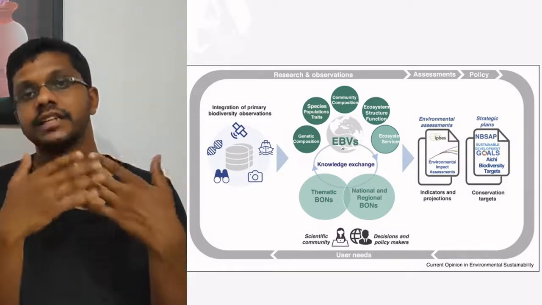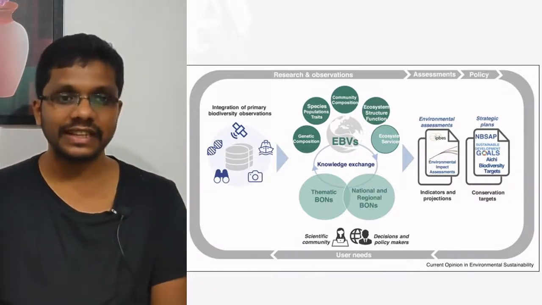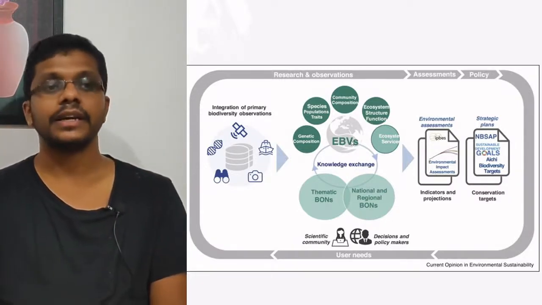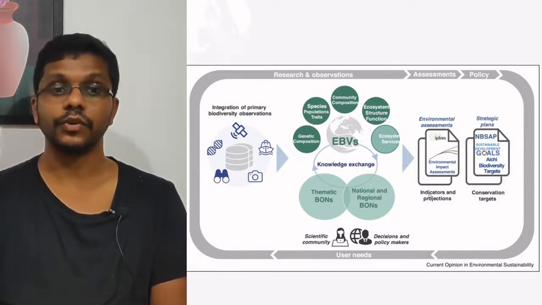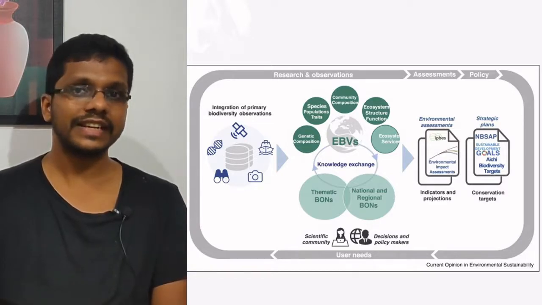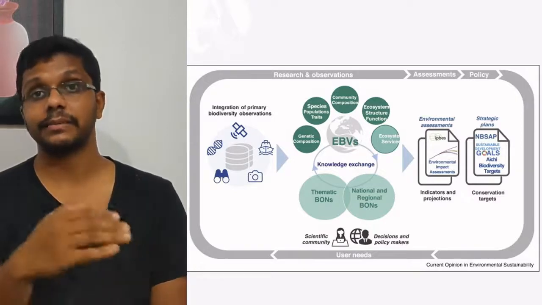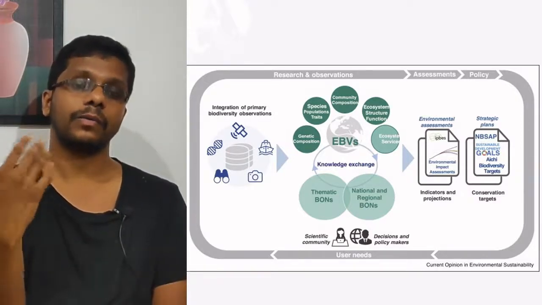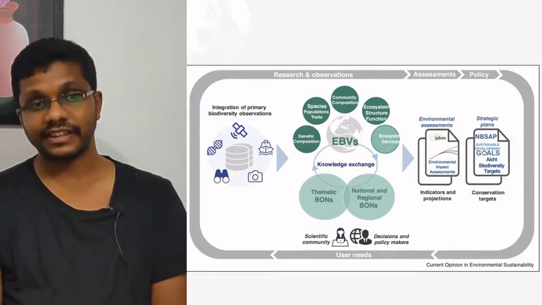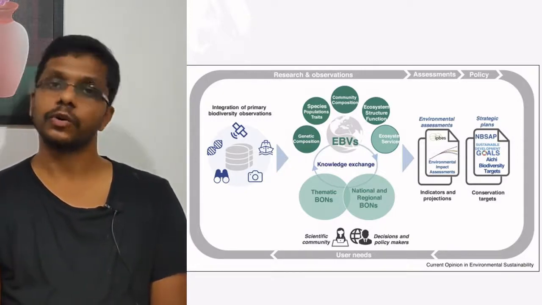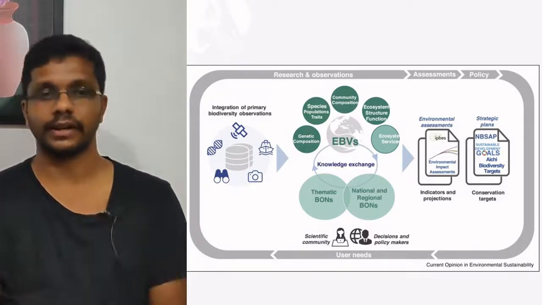And each and every year, how the biodiversity variables are changing is important. Based on the changes in essential biodiversity variables, we will calculate indicators of biodiversity. So these indicators indicate the changes in trends in biodiversity, whether the biodiversity is increasing or what way it is changing, or how the conservation efforts are affecting the performance of EBVs, or how the climate change is affecting the EBVs, which is the measure of biodiversity.